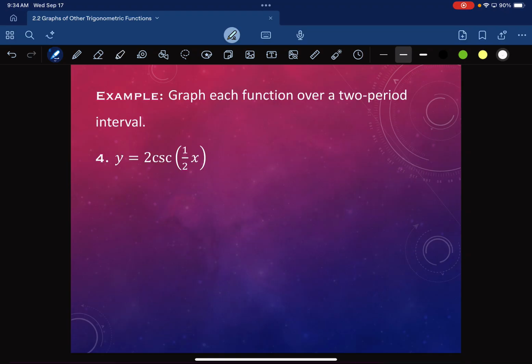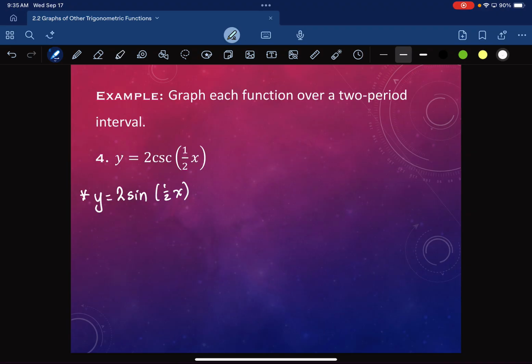All right, so to start with, we have cosecant of 1/2 x. So what is the guide curve that we're going to draw first? Sine. So the first thing I'm going to do is change this into y equals 2 sine of 1/2 x. Flat out changing the equation because I'm going to draw that one in first.